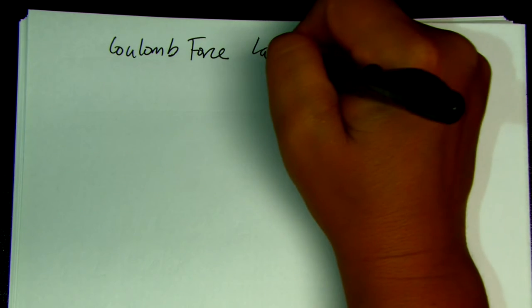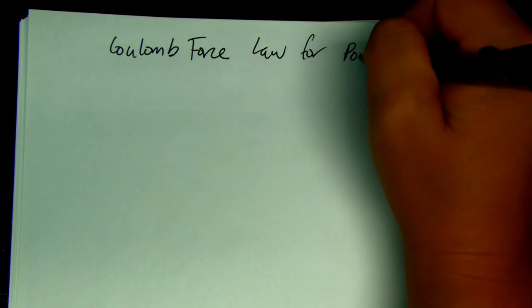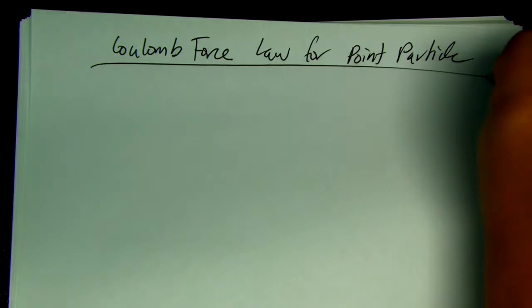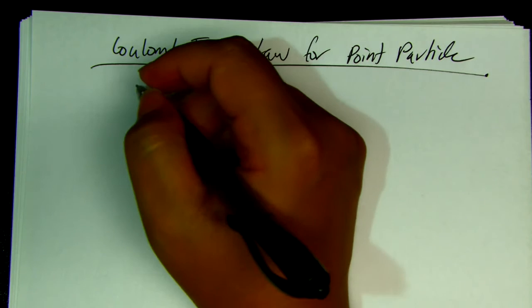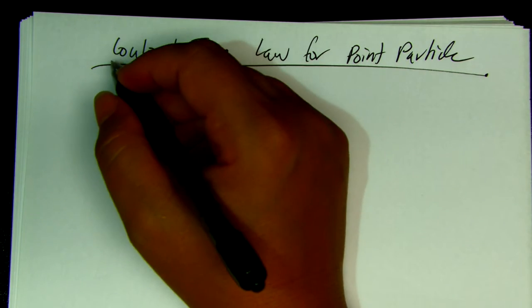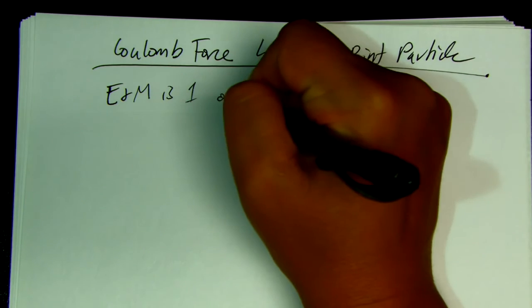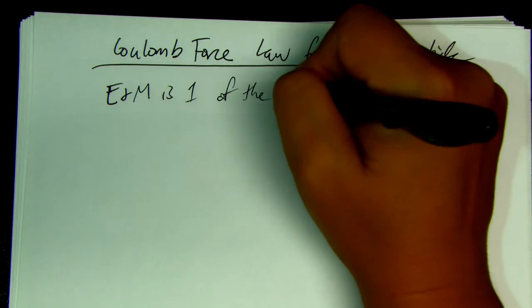All right, so this is, of course, the study of forces. So let's look at the Coulomb force law for point particles. So we know that E and M is one of the four fundamental forces.